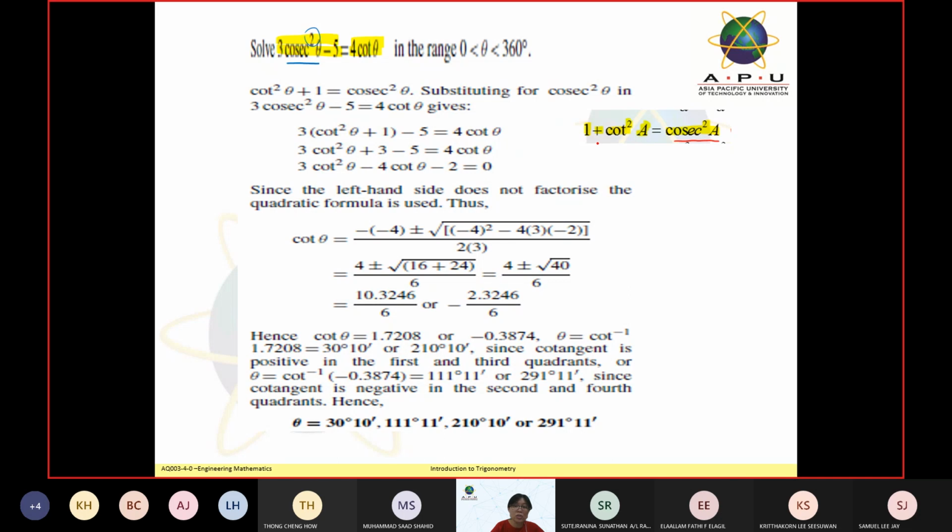So cosecant square is 1 plus cotangent square, and we replace cosecant square with 1 plus cotangent square.